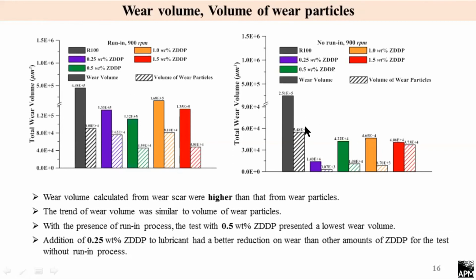And from these two figures, we can also see that in the case of running-in process, adding 0.5 weight percentage of ZDDP presents the lowest wear volume. And for no running-in process, 0.25 had a better reduction in wear volume.